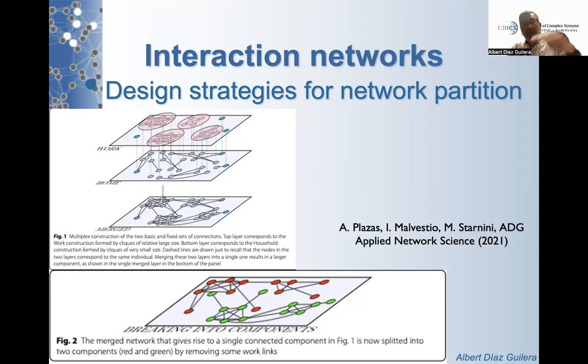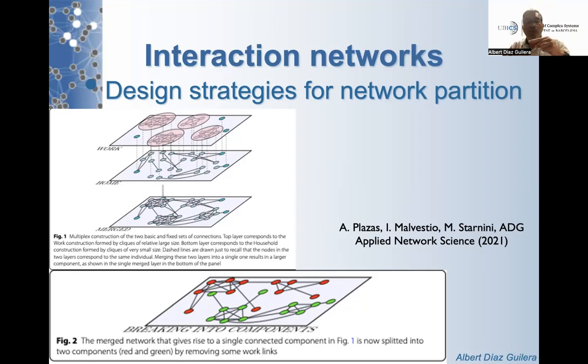But then here, the interesting point is that you can construct these layers according to different rules. And then, of course, what happens along the day is that all these networks collapse. And even if they are disconnected, they don't form a connected component on any of the two, then when you look at the merged network, you see that they really make a connected component.